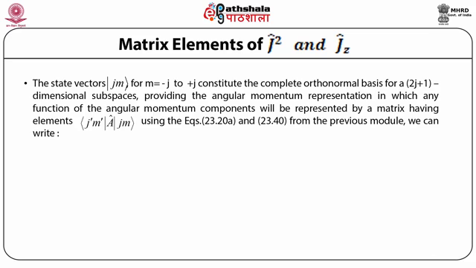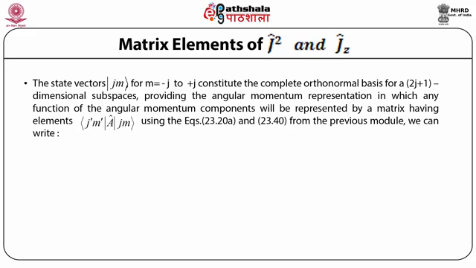So this constitutes the complete orthonormal basis, a 2j plus 1 dimensional subspace, which provides the angular momentum representation in which any function of the angular momentum components can be represented by a matrix with elements given as the bra <J' M'| operator A acting on the ket |J M>. That means it is basically the operator A between the bra vector J' M' and the ket vector J M.